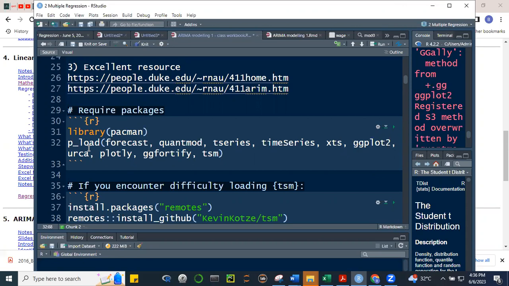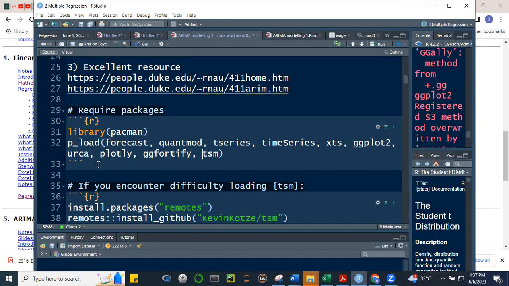So oftentimes the AR process or ARIMA process is not sufficient. So there's a need to go a step beyond and model the volatility. That's where the urca package comes in.